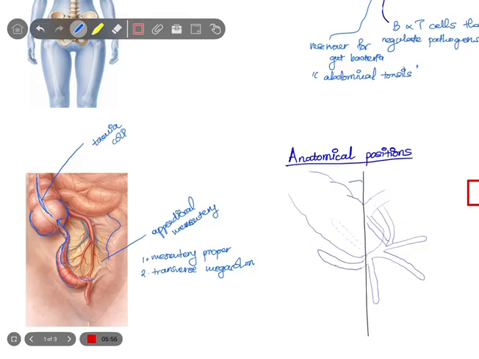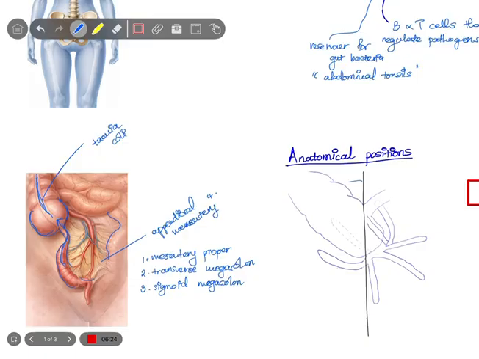We have the sigmoid mesocolon, which connects the sigmoid colon to the pelvic wall. And what's the fourth one? The appendiceal mesentery, whose primary role is to suspend the appendix. You can also call it the mesoappendix.